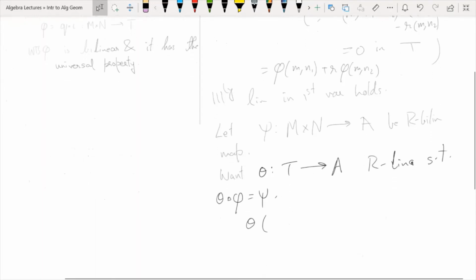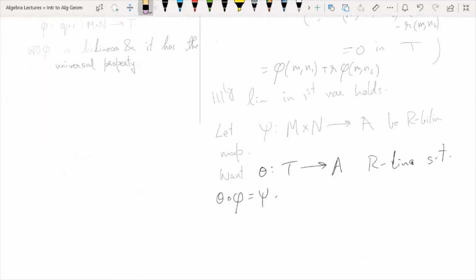So what we'll do is define first a map from F to A. So let theta tilde be that. We want theta, but let's define theta tilde first from F to A.